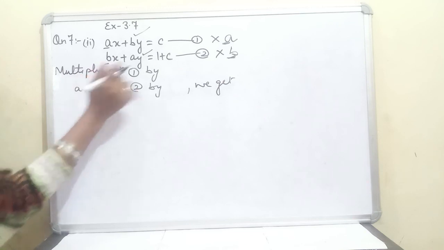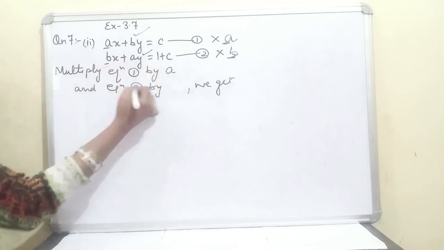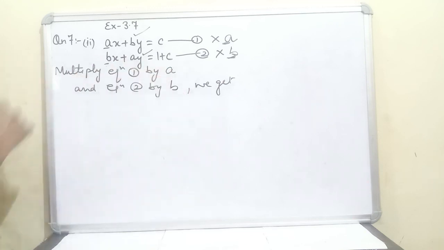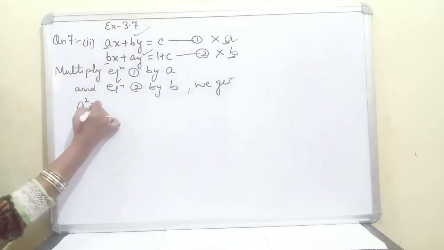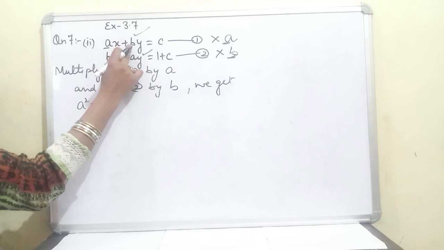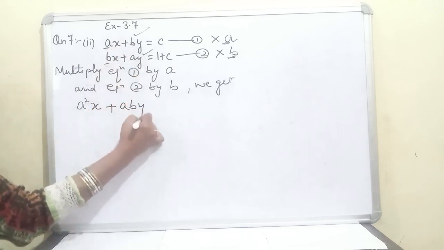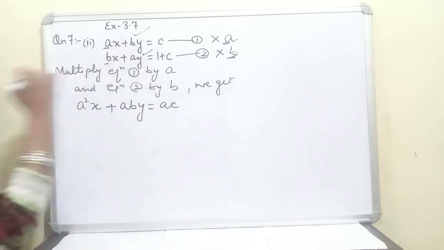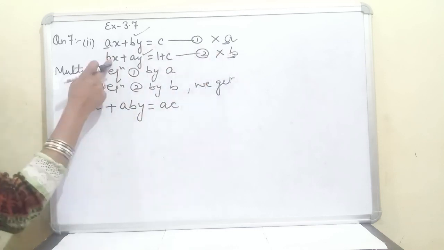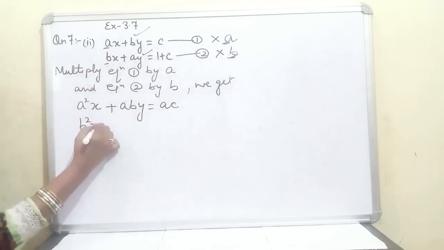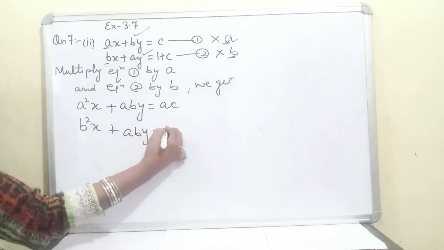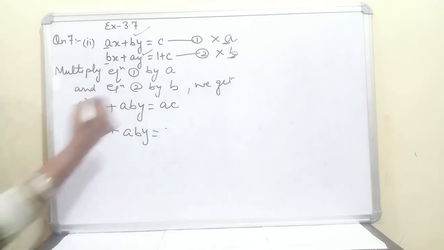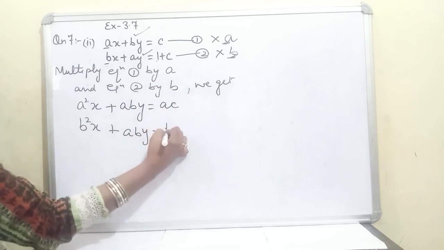Now if I multiply equation 1 by a and 2 by b, what do we get? a into a, a square x plus aby equals ac. And again in the same way, it will be b square x plus aby equals b plus bc.